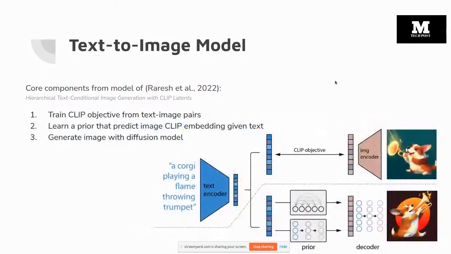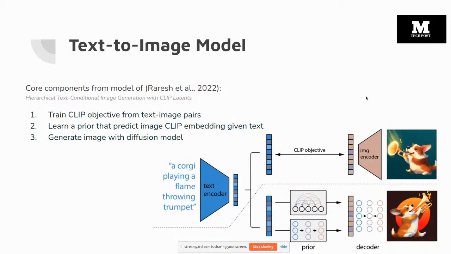And these kinds of models, this model to be precise, but in general these kinds of models, work in the following way. Since you have an input sentence and an input image, you're training your model on these couples, and you're using this CLIP objective. CLIP stands for Contrastive Language-Image Pre-Training.